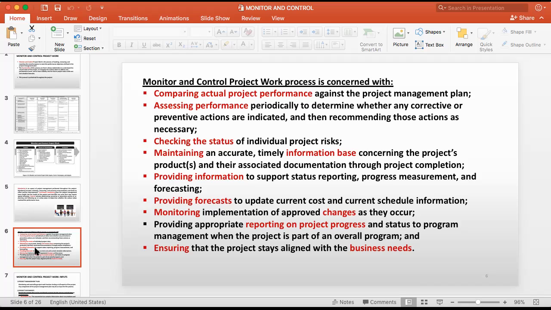You should have some information base to maintain in your projects. That is important. Providing information to support status reporting, progress measurement, and forecasting. That is also the progress reporting, the forecasting. Everything is very important as a project manager.